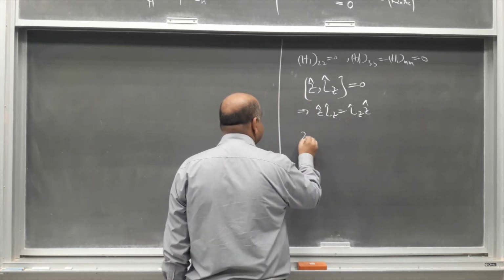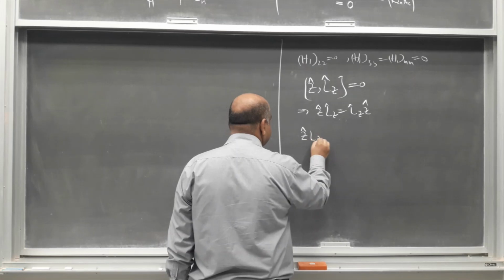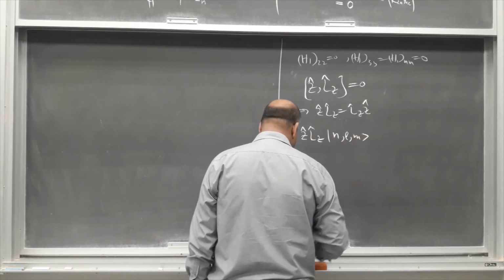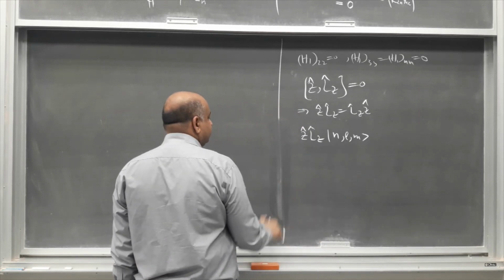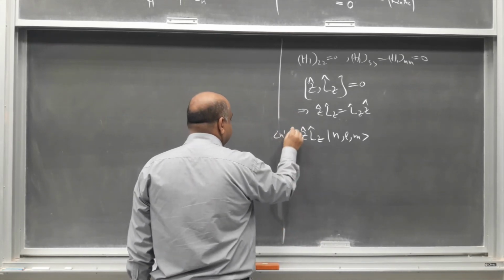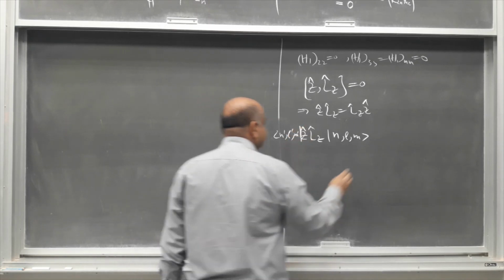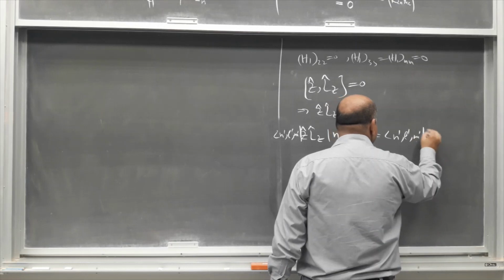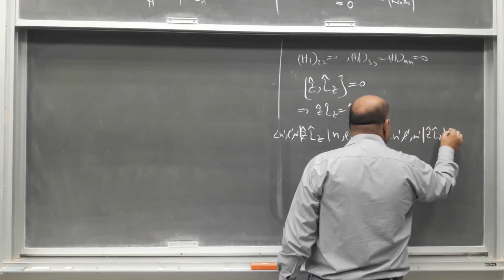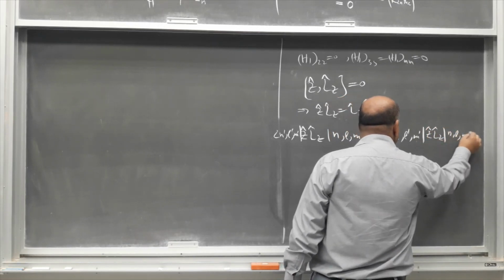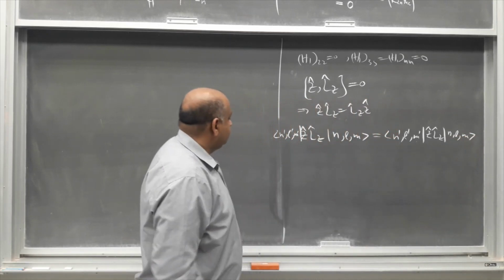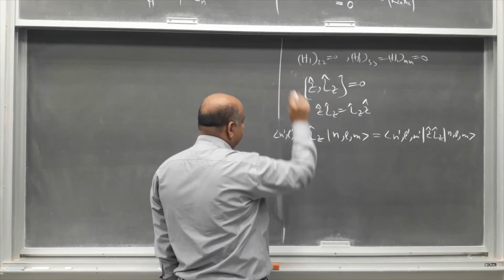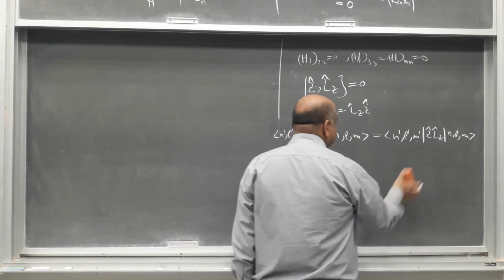If I apply this on, let's say, a state |n l m⟩ and take its inner product with ⟨n' l' m'|, we have ⟨n' l' m'| (Z Lz − Lz Z) |n l m⟩.